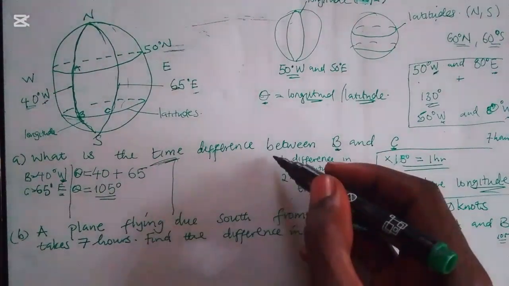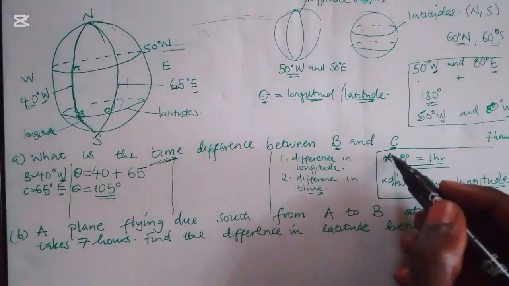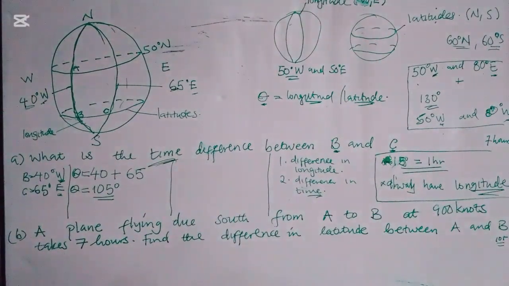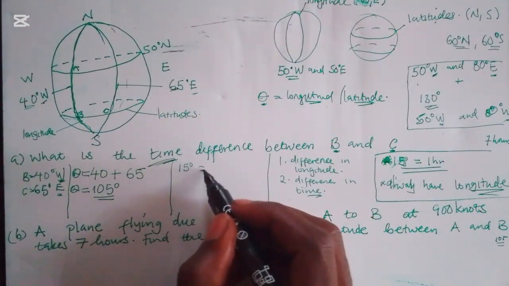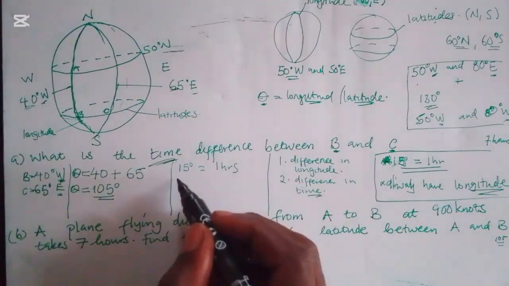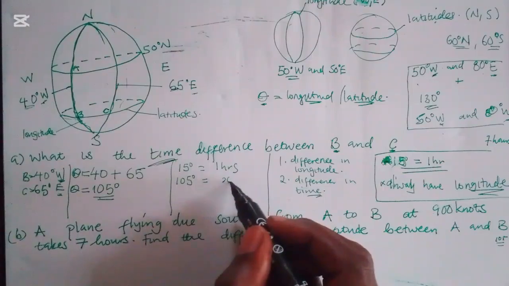Now after finding the difference in longitude, we move on to calculate the difference in time. That's where the second principle comes in: 15 degrees is equal to 1 hour. So we know that 15 degrees is equal to 1 hour. Now, 105 degrees is equal to how many hours?